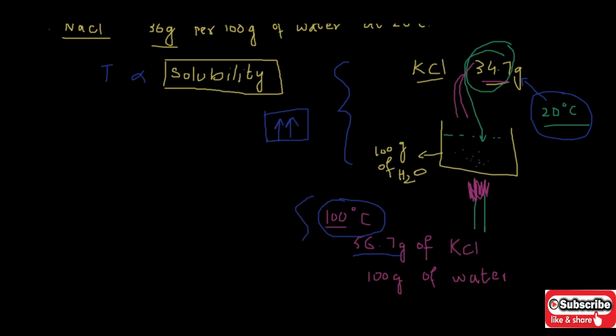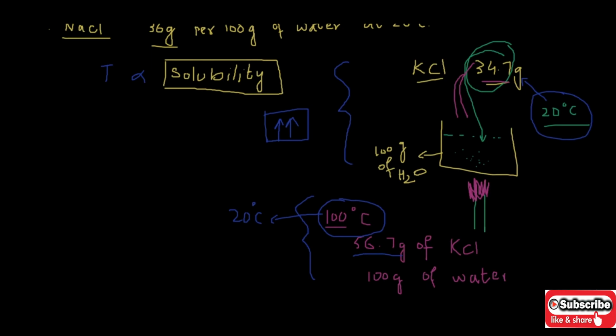Now when the temperature of this solution is decreased from 100 degrees centigrade back to 20 degrees centigrade, what would happen? The amount of potassium chloride dissolved within the water would crystallize out.